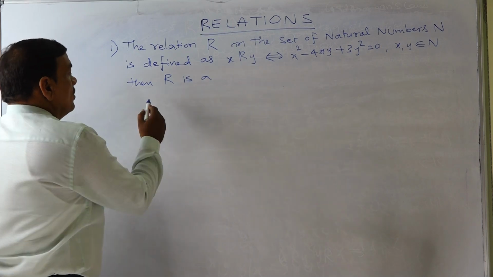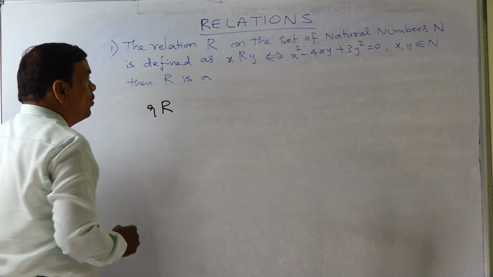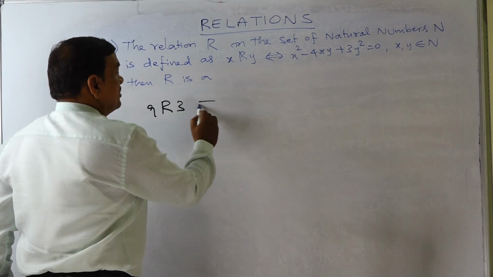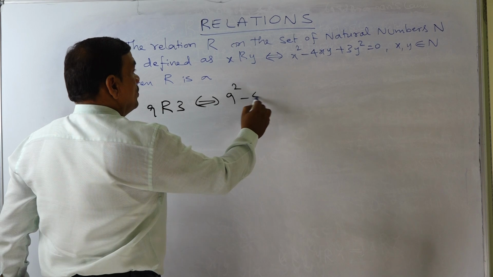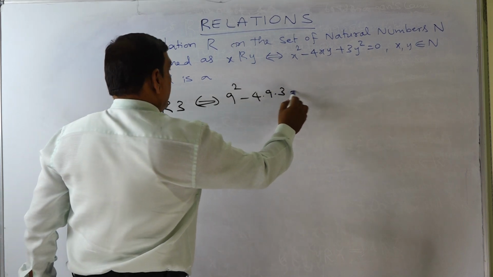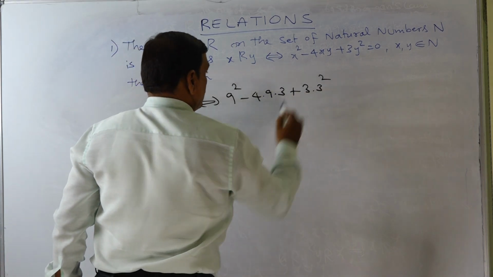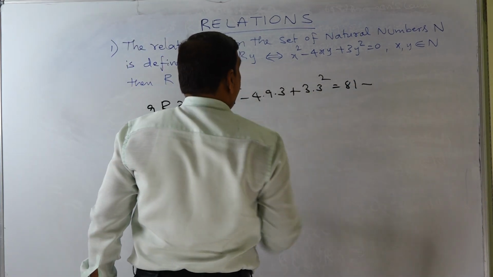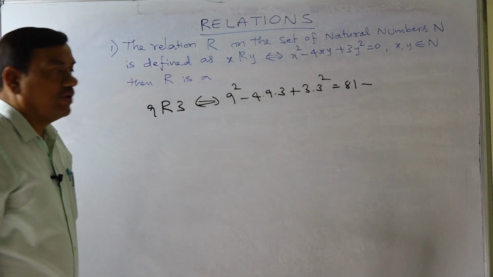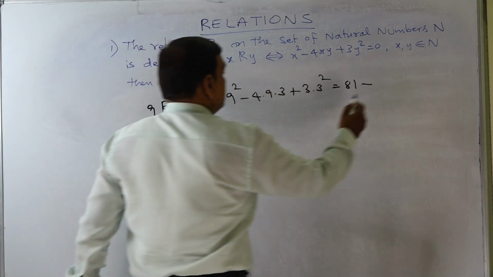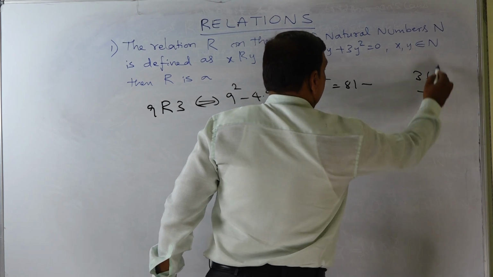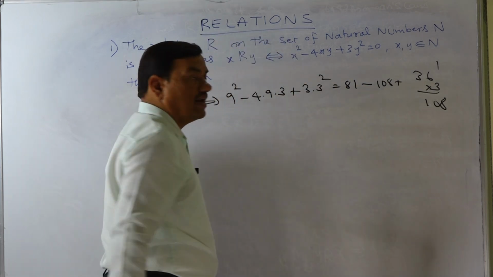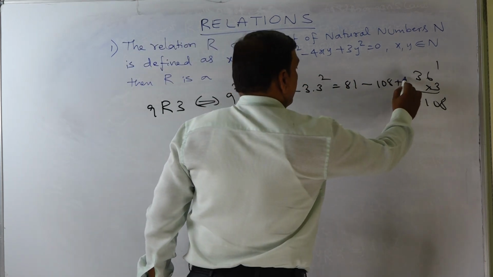For example, 9 is related to 3. Is it right? Check it. That is 9 square minus 4 into 9 into 3 plus 3 into 3 square. So 9 square is 81, minus 4 into 9 into 3: 4 nines are 36, 36 threes are 108, plus 3 square, 9, 9 threes are 27.